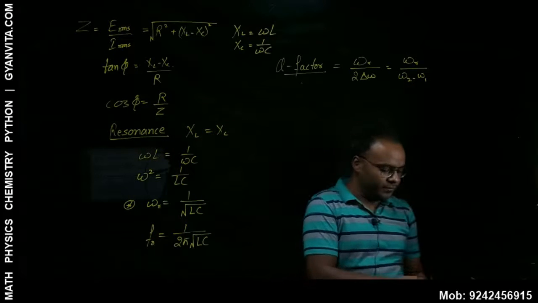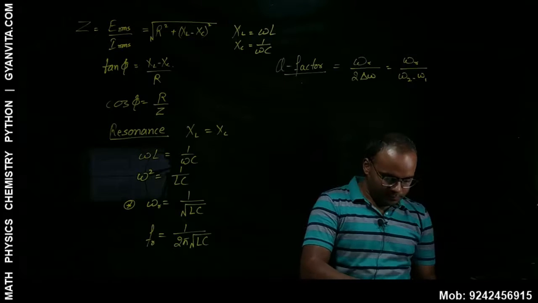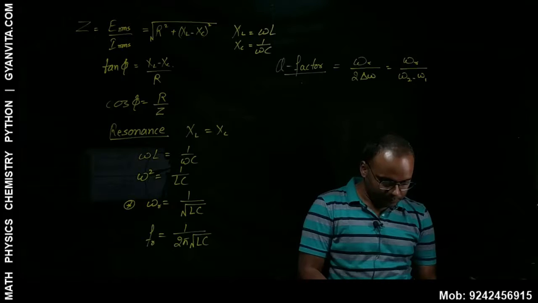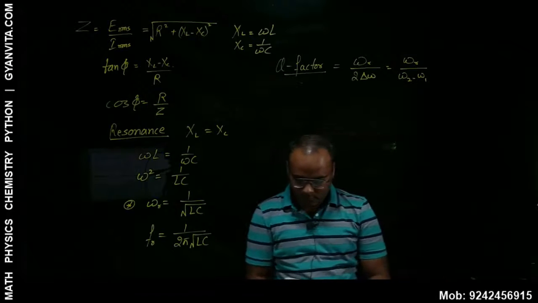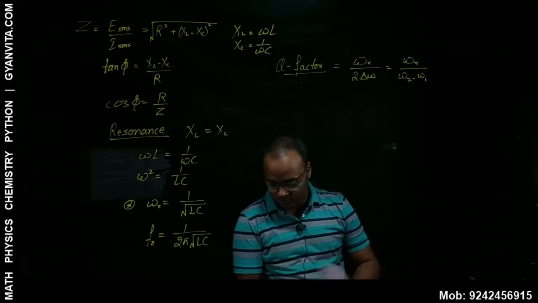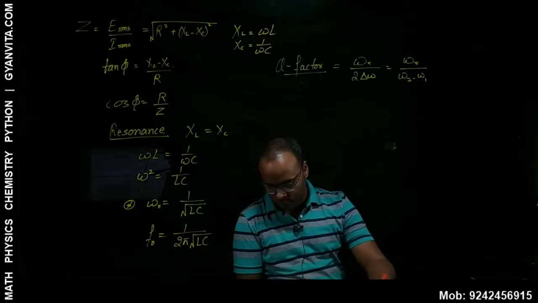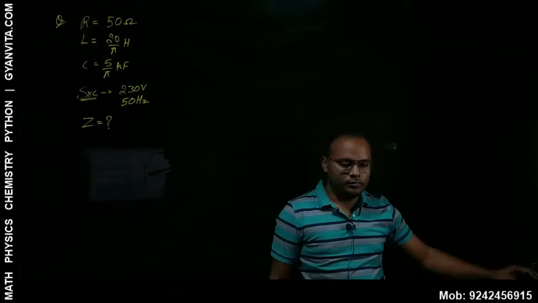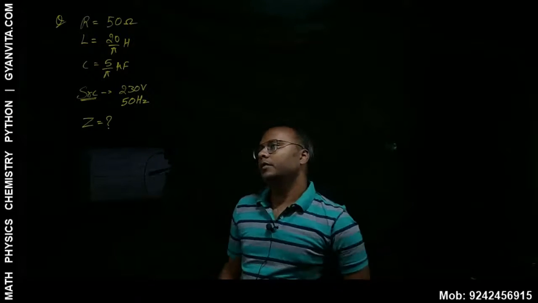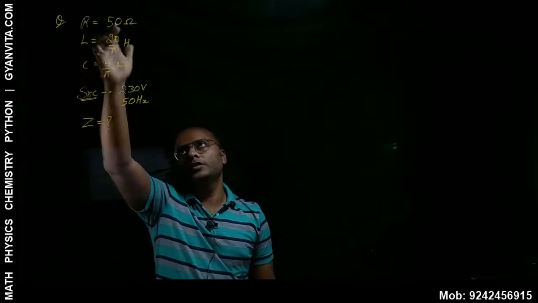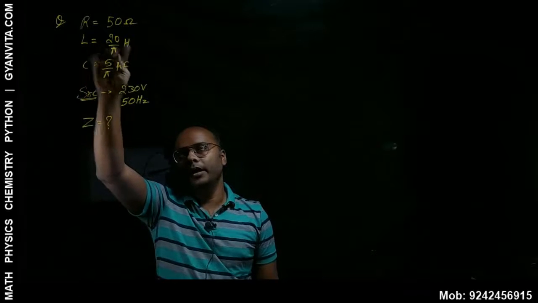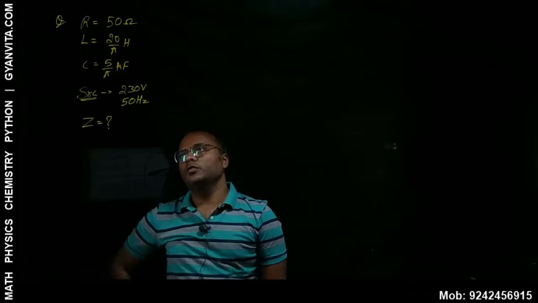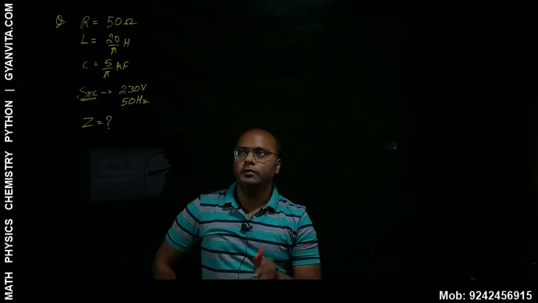Let me see some problem which is based on this. As you can see in this question, the data given is a series circuit having a resistance of 50 ohm, an inductor of 20 by pi Henry inductance, and a capacitor of 5 by pi microfarad capacitance, all connected in series to a source of 230 volt, 50 hertz supply.